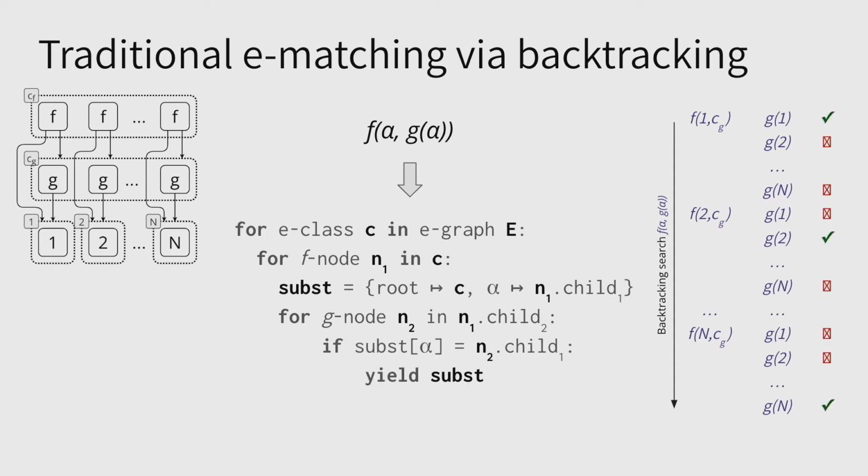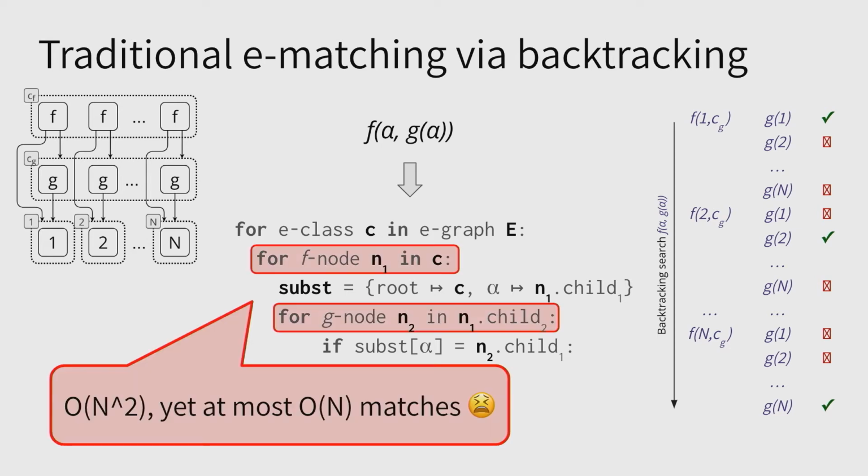And I'm going to get a substitution, but I need to make sure that it matches. So if you think about this trace of all the things being compared, right, there's n-squared things in this E-graph that I'm going to consider, but only n of them will be valid matches. Because I don't figure out this equality constraint until after I've come back from recursing. Right? So I'm going to do quadratic work instead of linear, and that's a bummer.